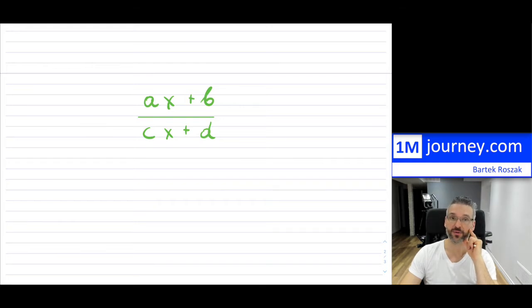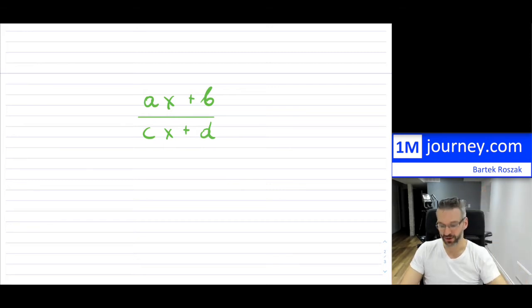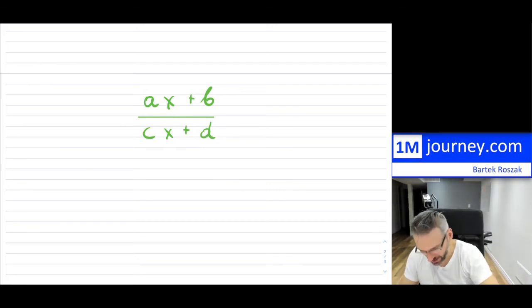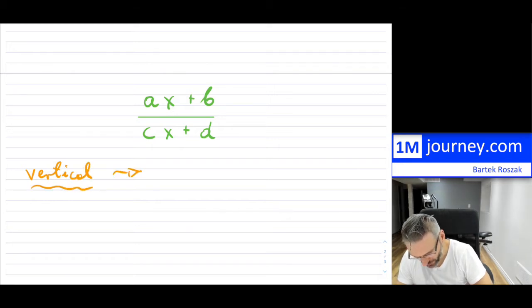We talked about those with respect to rational functions in general, and I'll put up a link above. But in this case, we can certainly figure out all of these. If we have vertical asymptotes, where are they?